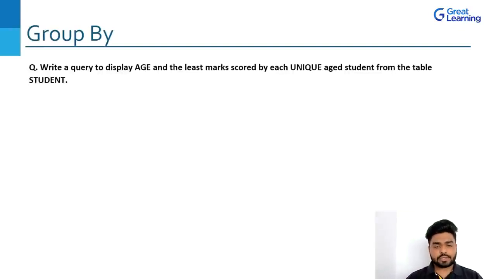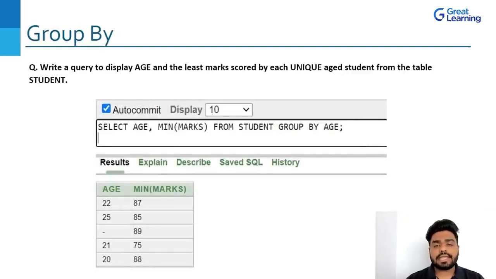And now in all these groups, I'll check which particular student has the least marks scored. That means in the first group where I have the students whose age is 20, I'll check both of them to see who has the least score. Okay, something like that will happen. So if you look here, select age, comma, min marks, that means minimum marks, from student group by age.